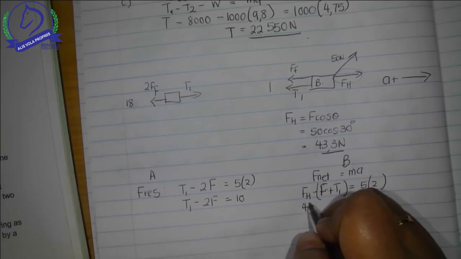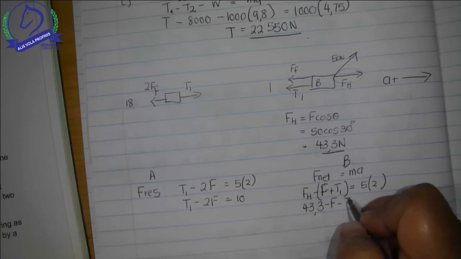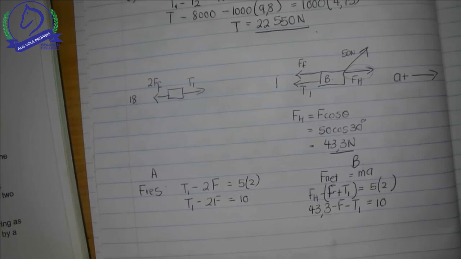My horizontal component is 43,3 minus F minus T1 is equal to 10.